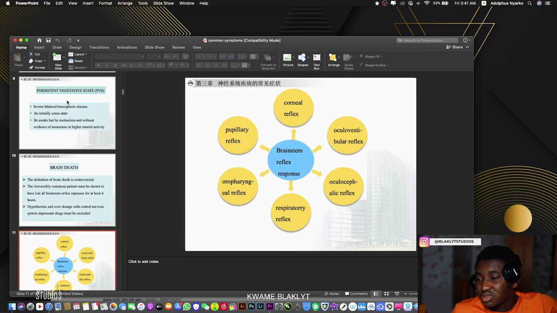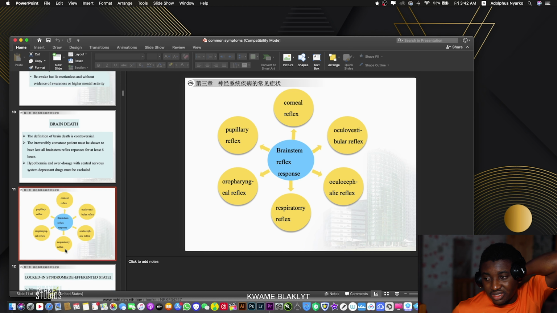But before that, we have the persistent vegetative state, where the person has bilateral hemispheric disease, is initially in a coma state, and then they are awake but they lie motionless, and there is no evidence of awareness or higher mental activity.